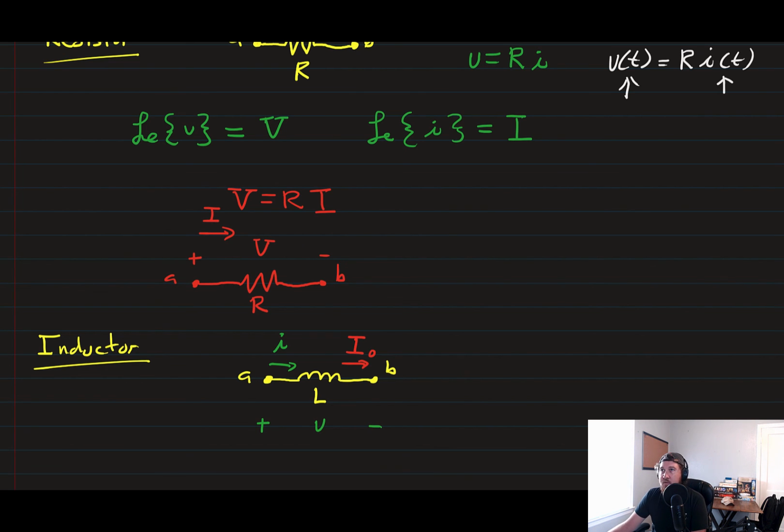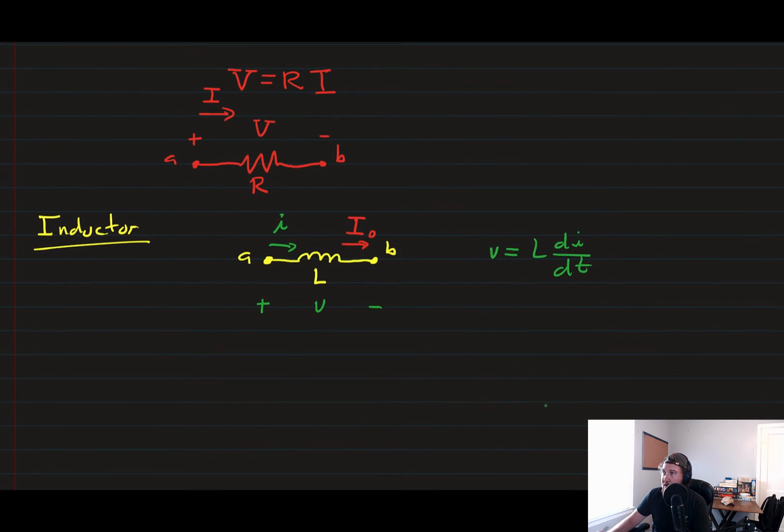And we know from Circuits 1 that our expression for voltage in an inductor is V equals L times the change in current with respect to time, di/dt.